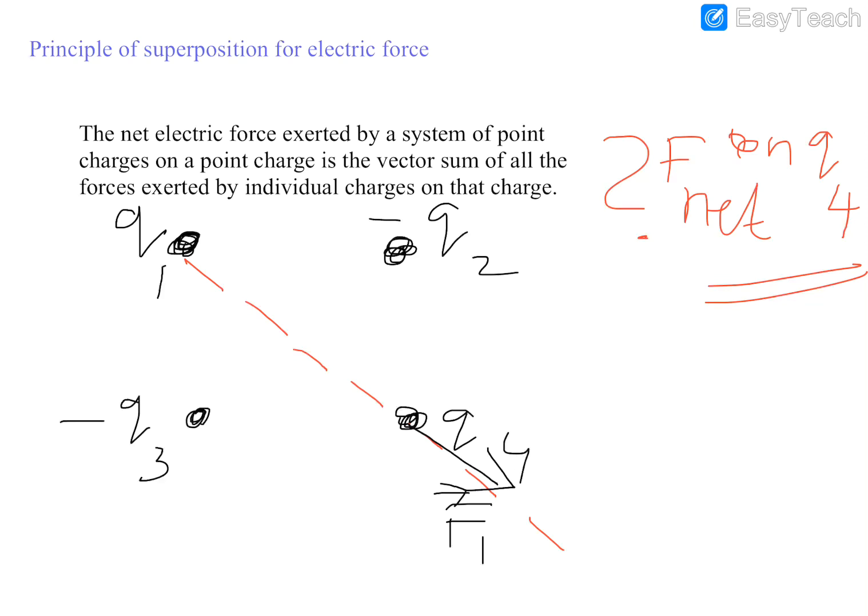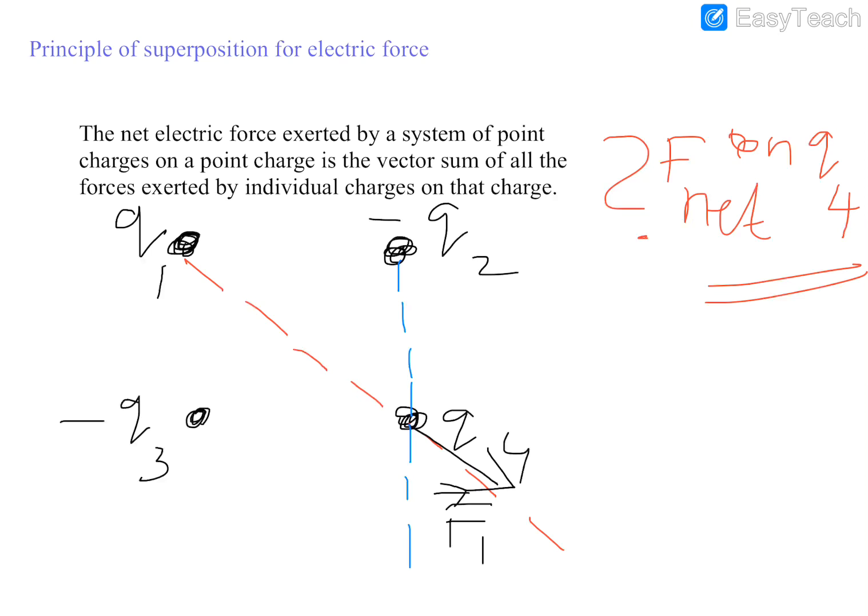Now there is another charge Q2. Q2 is negative. So find the force exerted by Q2 on Q4. For that, draw the line joining Q2 and Q4. Force will be along this line joining only, either in this direction or in this direction. So how to find the direction? Consider the sign of charges. Here Q4 is positive, Q2 is negative. They are unlike charges, and hence Q2 will exert an attractive force on Q4.